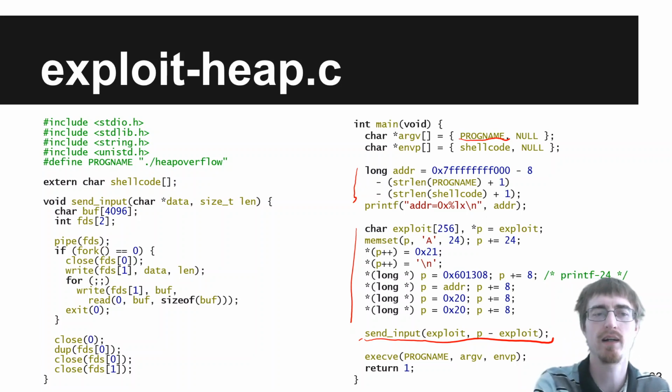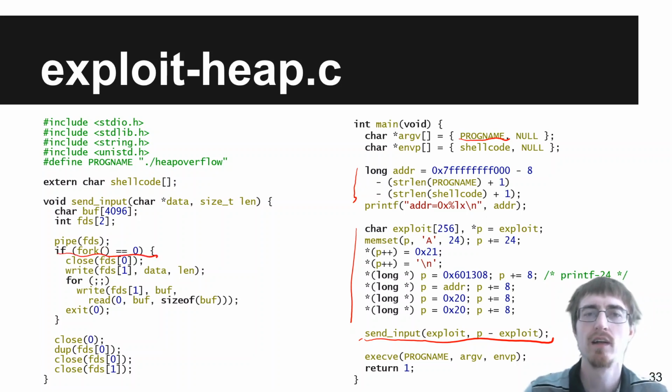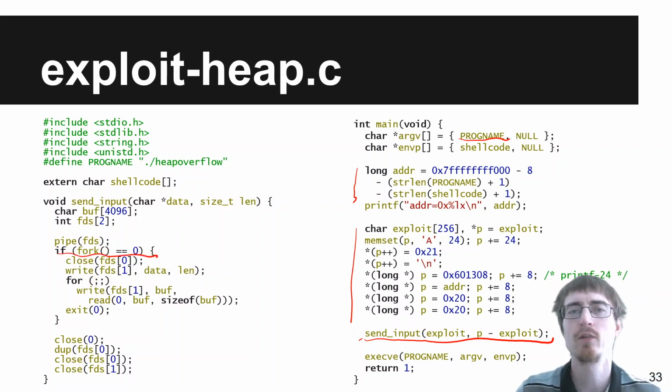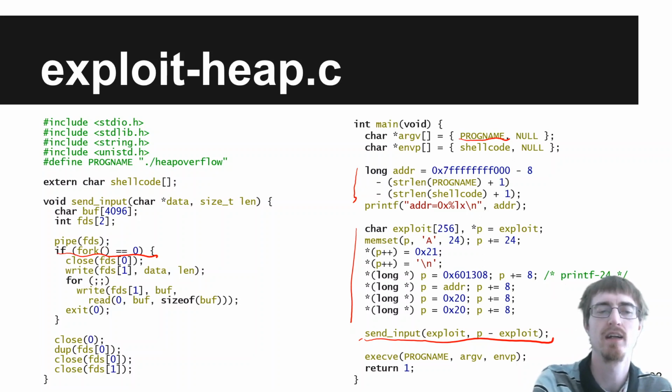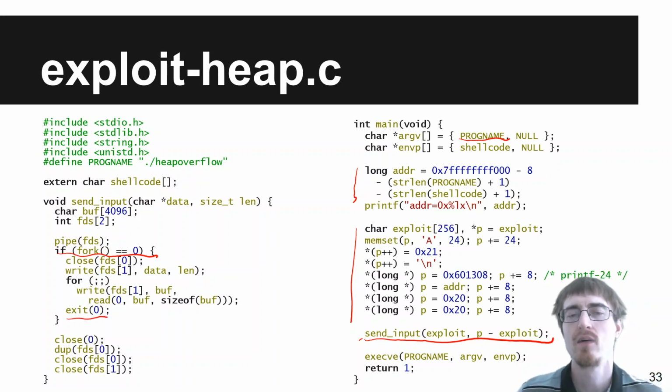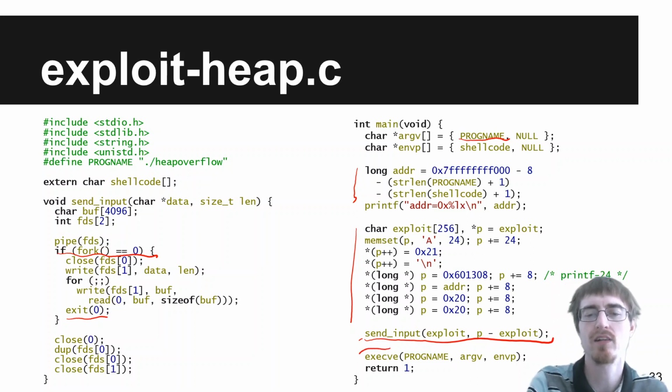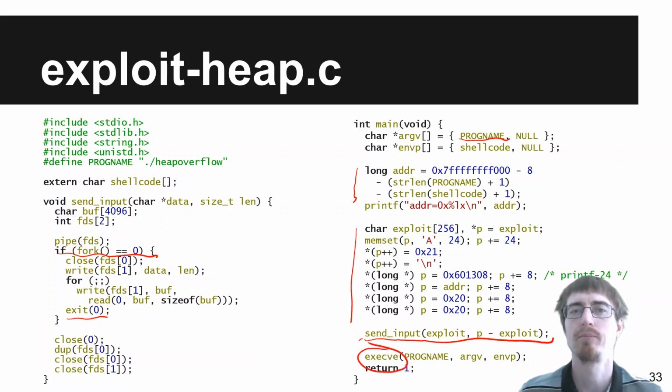So what I'm doing here is a fork. At the point of the fork, it creates a child process, and the child process will execute the code inside the if, and then it exits. Whereas the parent process will continue its regular execution, which ends up executing the vulnerable program.